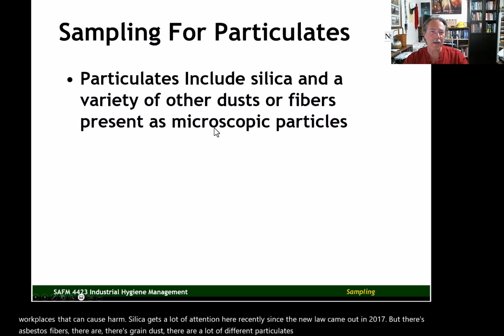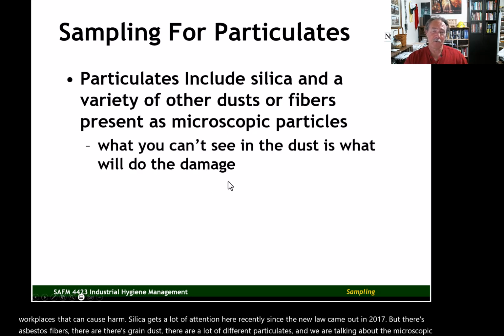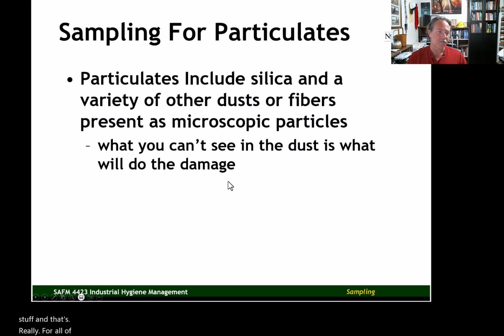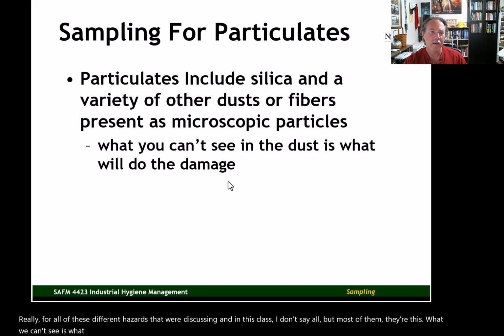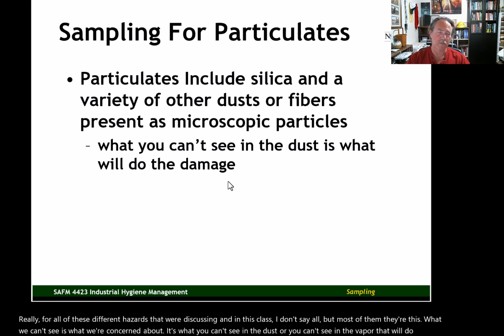And we are talking about the microscopic stuff. That's really true for most of the different hazards that we're discussing in this class: what we can't see is what we're concerned about. It's what you can't see in the dust or in the vapor that will do the damage, that will cause the physical harm.